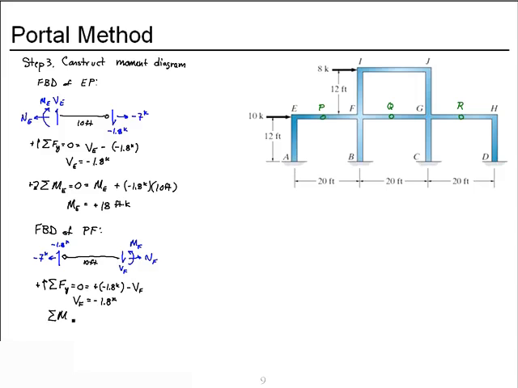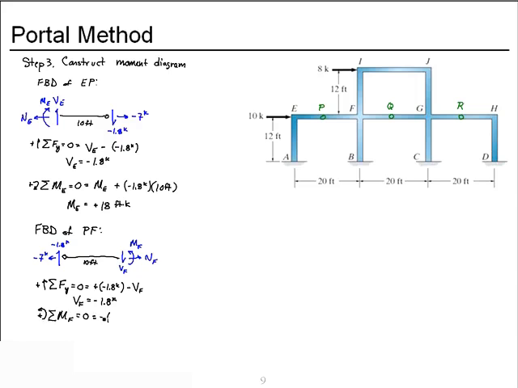I sum moments about point F. I'll take counterclockwise as positive this time, so I've changed the direction I've chosen for positive because it makes my bookkeeping easier, I think.